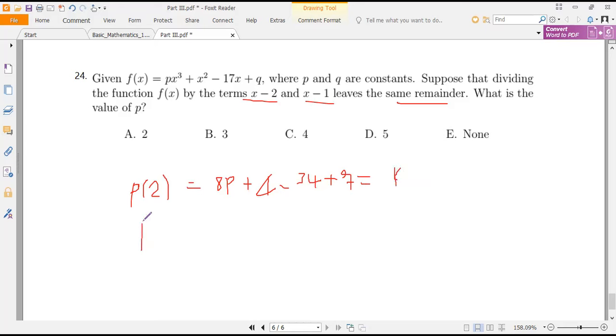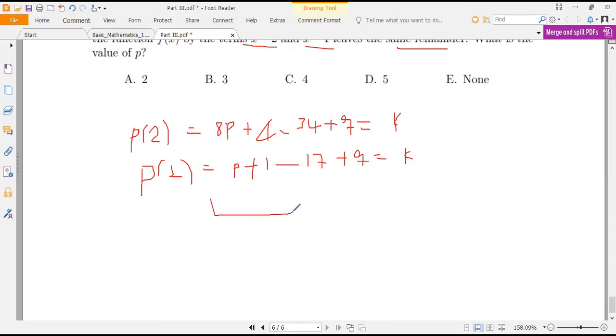And when we substitute 1, we get p plus 1 minus 70 plus q is equal to k.